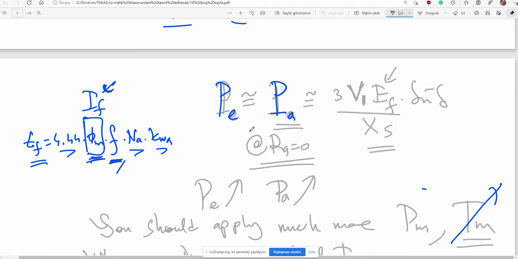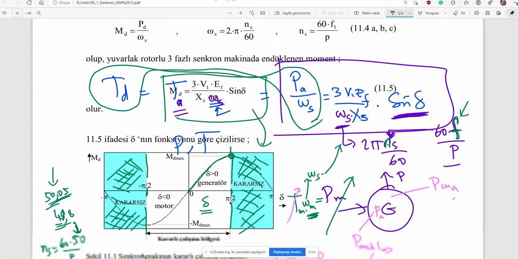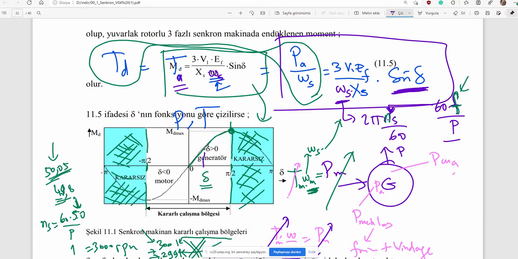Under such a condition, when you apply much more input torque, delta will increase, ladies and gentlemen. You keep increasing input torque, much more torque here, and then there is an increase in delta.